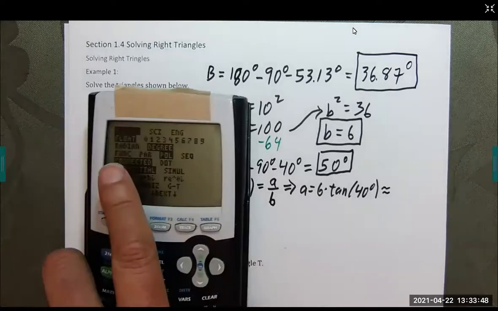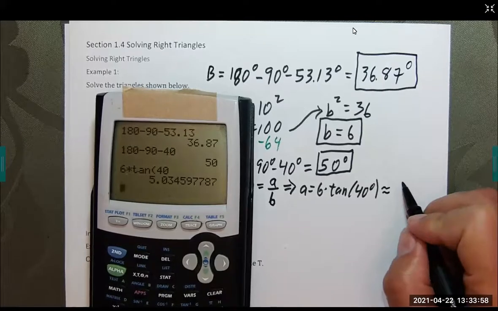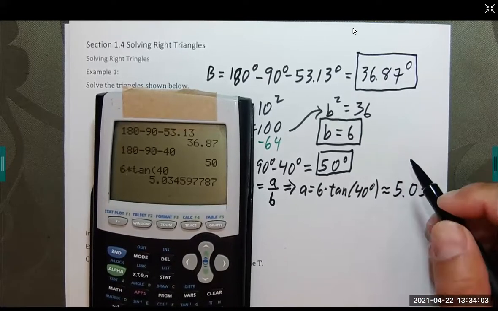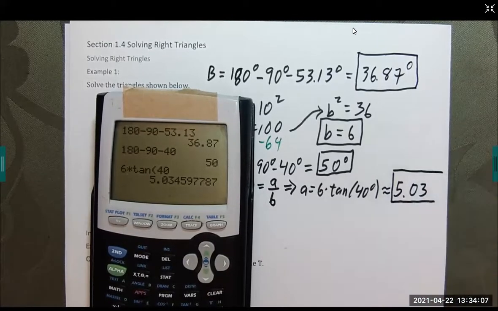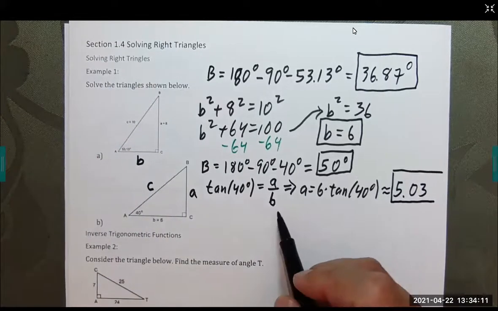So now that I'm in the proper mode, I'm going to go 6 times the tangent of 40. And I got, and I'll round to 2 decimal places, 5.03. Once again, we don't have a unit. Otherwise, we would put meters or feet or inches. So we solved for a.